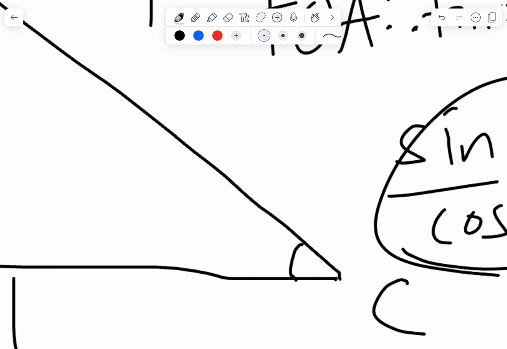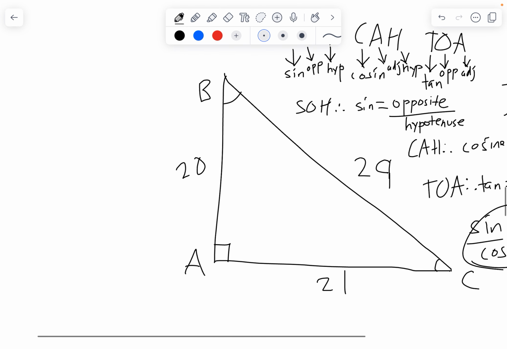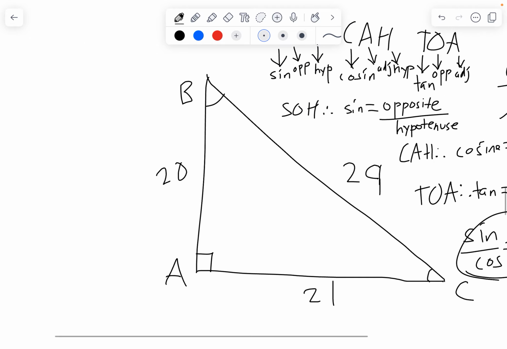And let's say I wanted to find the angle C. Now you could take a wild guess and say it's probably near 45 degrees, and you'd be right, because AC and AB are relatively similar, but they're not exactly the same, and therefore it is not exactly 45 degrees. And you can probably guesstimate that it would be under 45, again because AB is smaller, but let's find the exact value. And how do we do that?